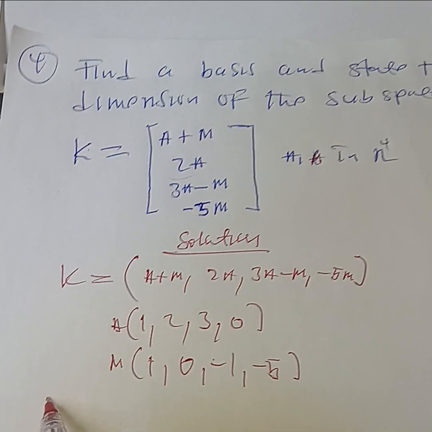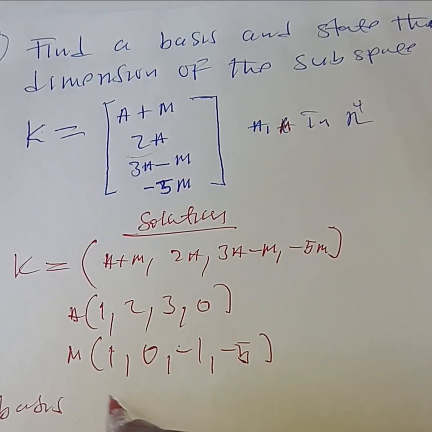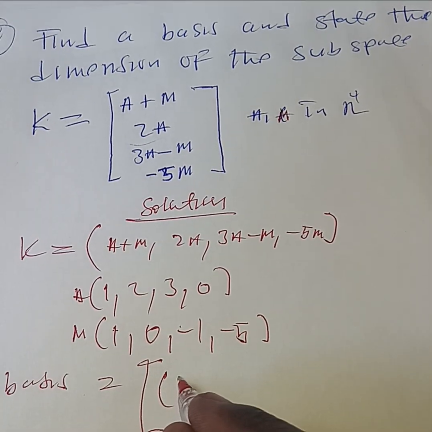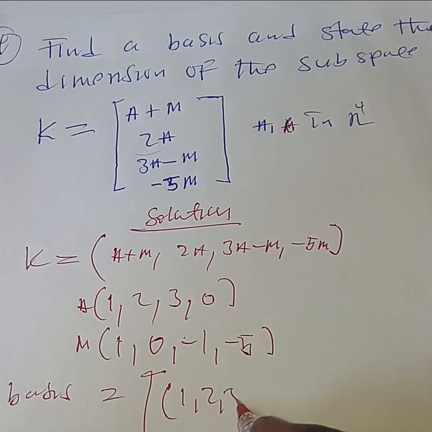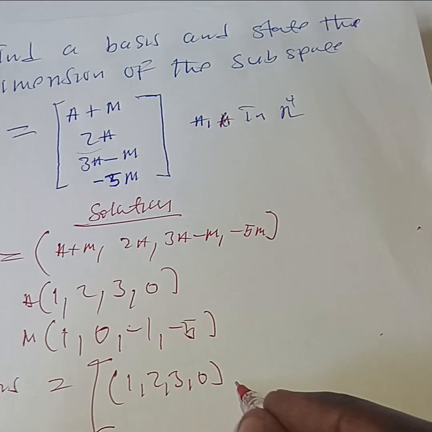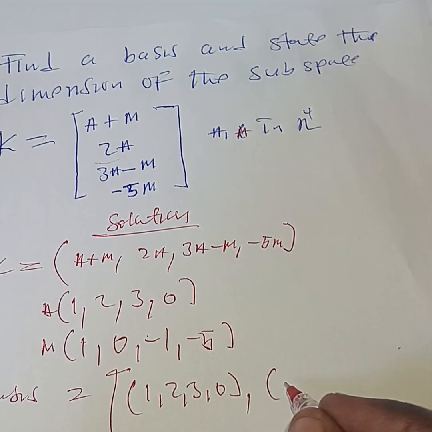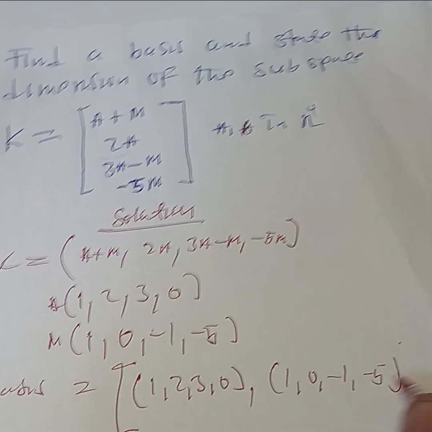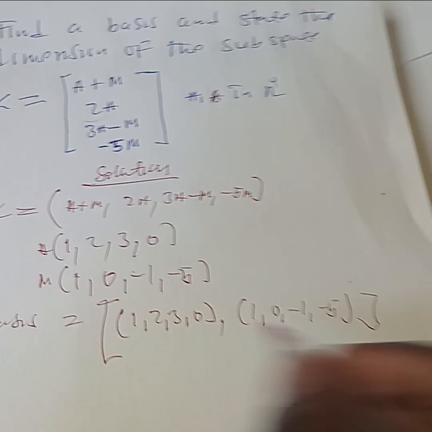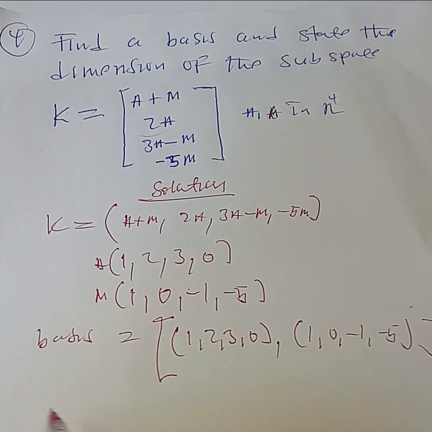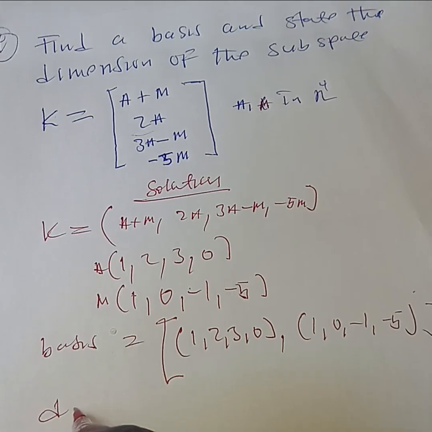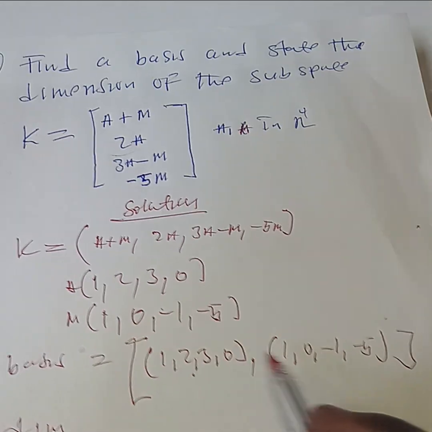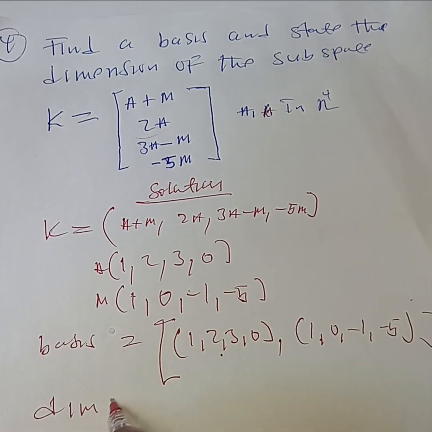So the bases are 1, 2, 3, 0 and 1, 0, negative 1, negative 5. The dimension is the number of vectors in a basis. Just count 1, 2. So the dimension is 2.